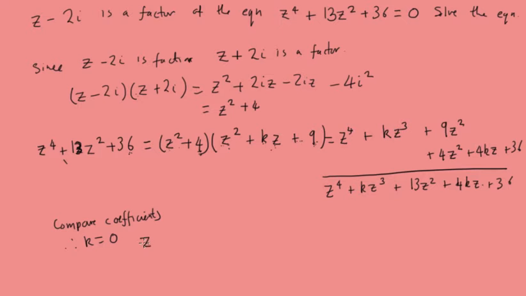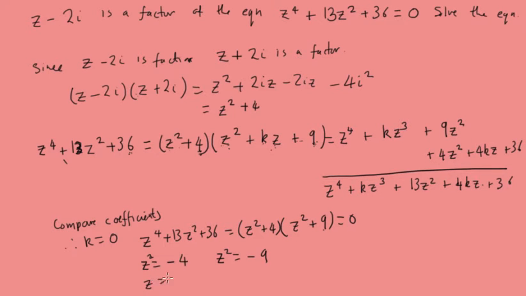So that gives us z to the power 4 plus 13z squared plus 36 must equal z squared plus 4, then z squared plus 9 equals 0. So now we can take this: z squared equals minus 4 and z squared equals minus 9.